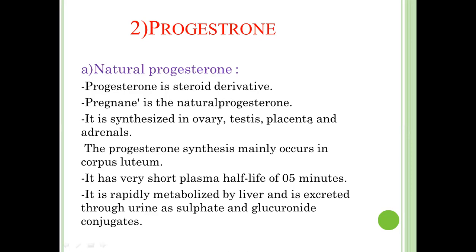So progesterone is a steroid derivative. Pregnenolone is the natural progesterone. It is synthesized in the ovary, testes, placenta, and adrenals. So in the adrenal gland, it is also synthesized. Natural progesterone is synthesized in both the female reproductive system as well as the male reproductive system.